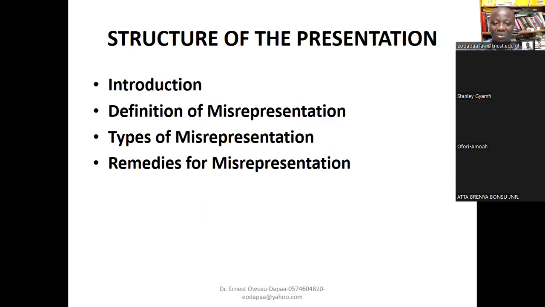Okay, good. So we will try and first do a brief introduction, understand misrepresentation, and then look at the various types of misrepresentation and the remedies which the law provides for misrepresentation.